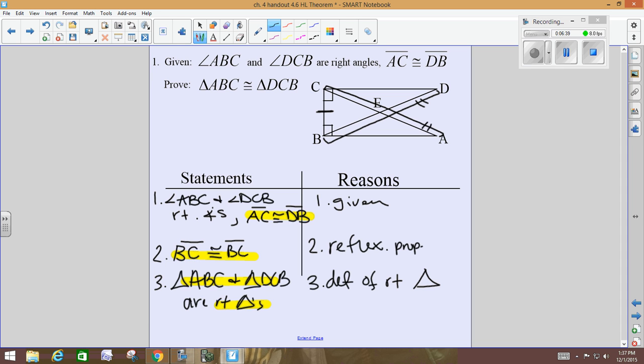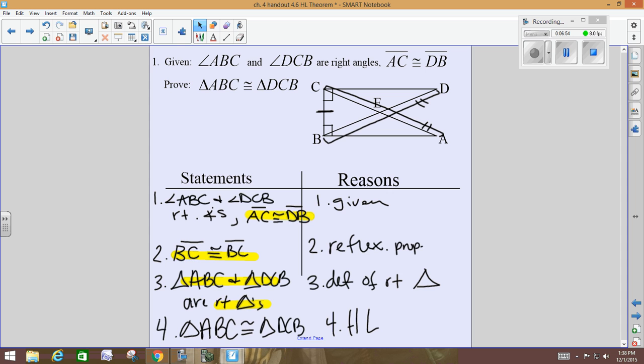Now that we have all 3 conditions met, then you can tell me that triangle ABC is congruent to triangle DCB by the HL theorem. Three things. Right triangles, hypotenuse are congruent, legs are congruent.